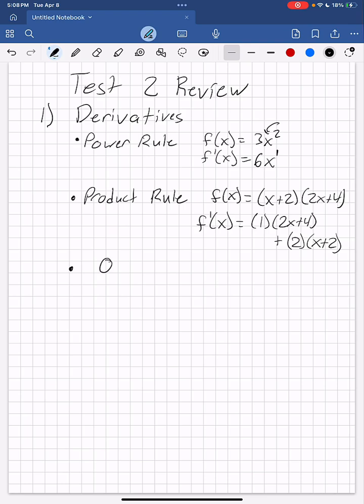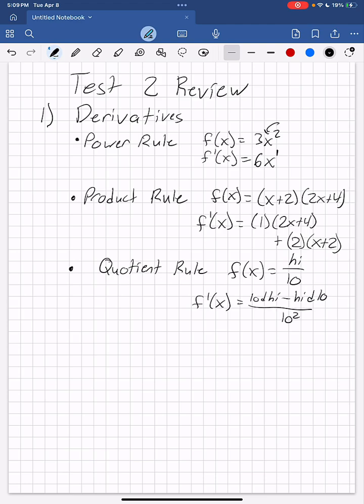Then we had the quotient rule. And remember, in the quotient rule, we had some kind of function that was a rational expression, so we had some kind of high function and low function. And we said that the quotient rule was low times the derivative of high, minus high times the derivative of low, all over the bottom squared.